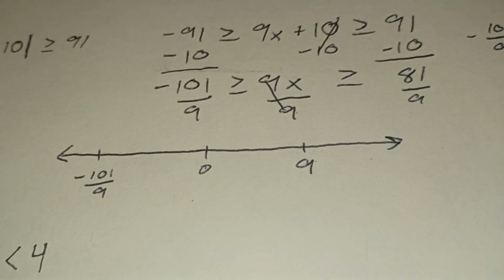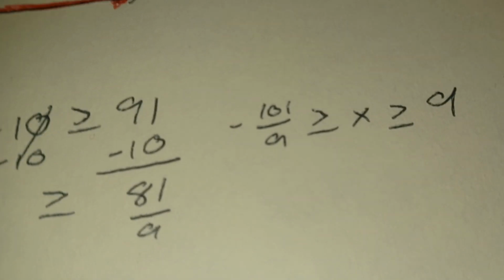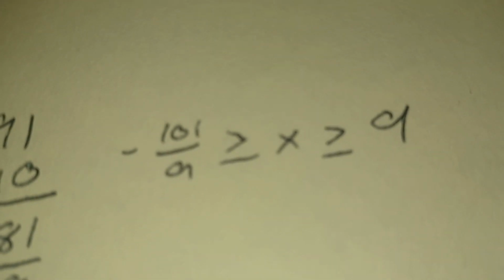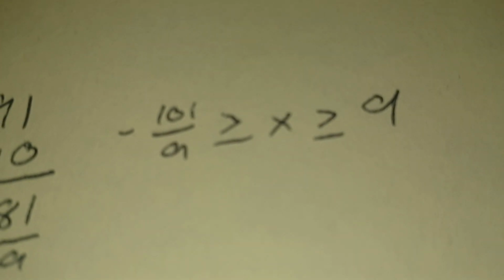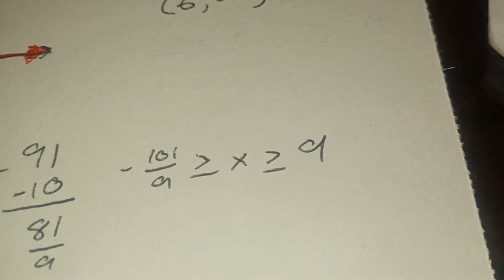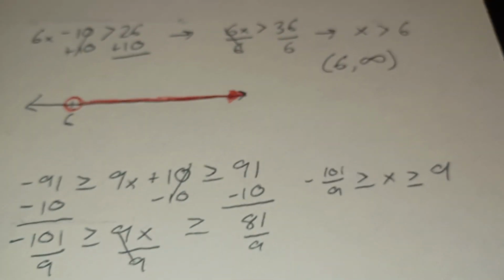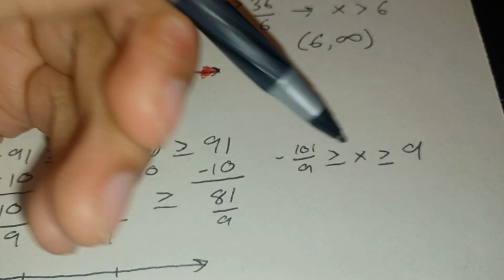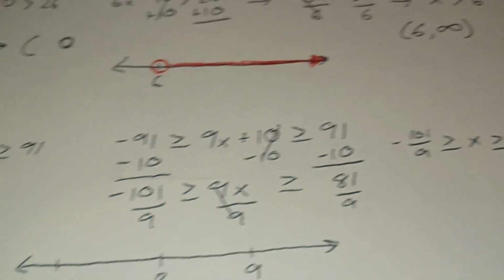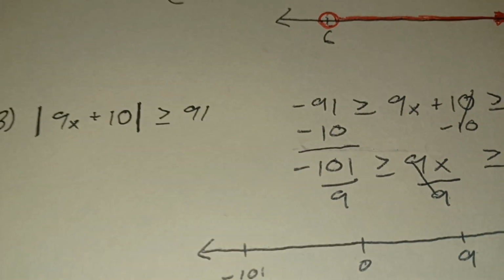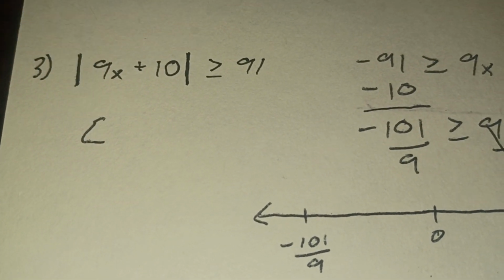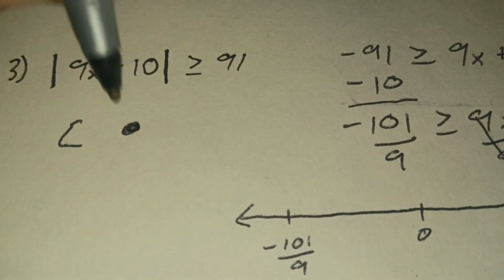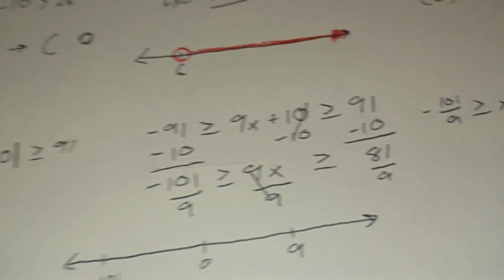The inequality is telling us that x is less than or equal to negative 101 divided by 9. Since we have the equal sign at the bottom of the crocodile mouth, we use brackets and a closed circle, because the endpoint can be included there.